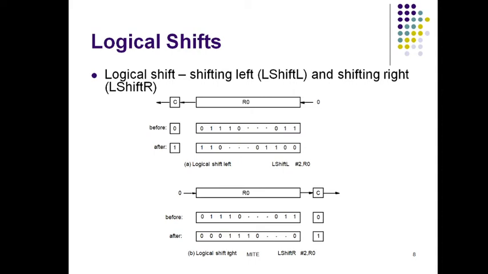So since carry can contain only one bit, this 1 will be out, this 1 will come here, and 0 will remain here, dash dash dash. Last bits are these 5 bits, 0 1 1 1 0. Two places are empty, you can fill them with 0 0. So this is about logical shift left and logical shift right.